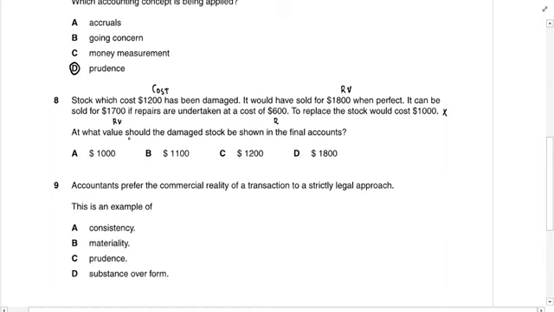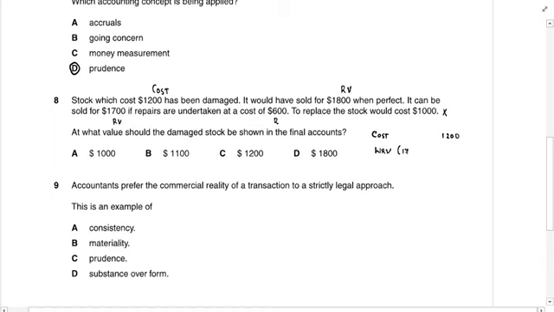So at what value should the damaged stock be shown in the final accounts? Remember, International Accounting Standard number 2 states that inventory is valued at the lower of cost and net realizable value. So I'll put the cost there. The cost of my inventory is 1,200. Then for my net realizable value, I'll take the new realizable value, because the inventory has been damaged.